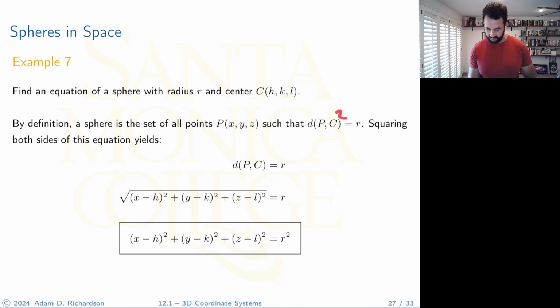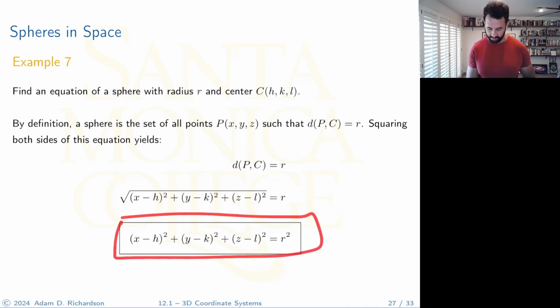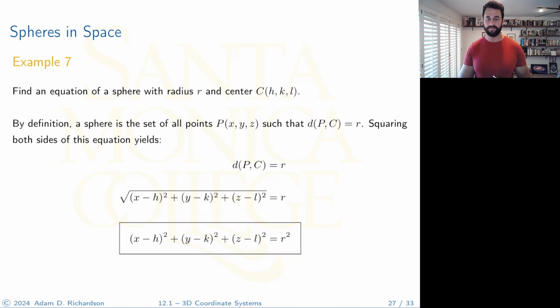The distance between P and the center is r. What is the distance? Well, we just use the distance formula, square both sides, and boom. That's the formula.